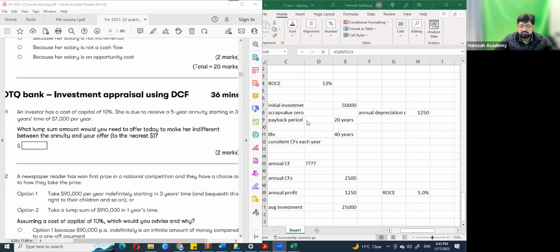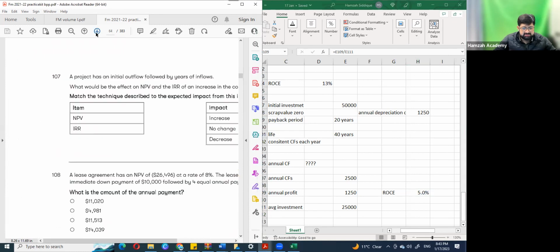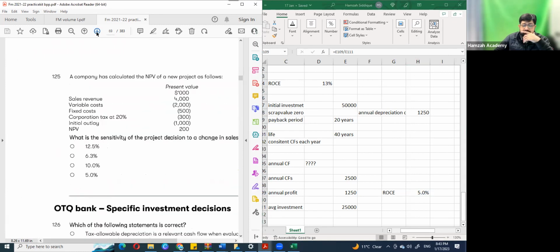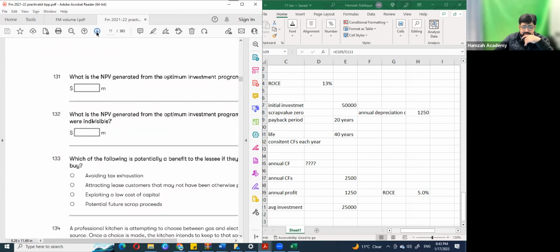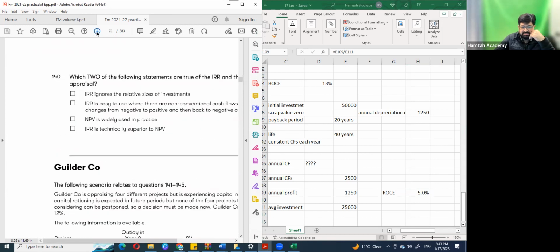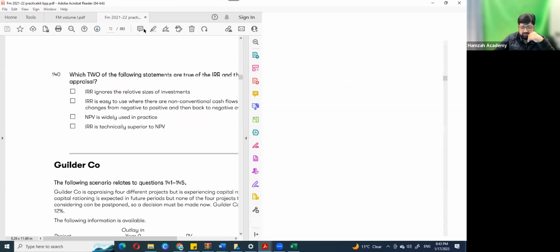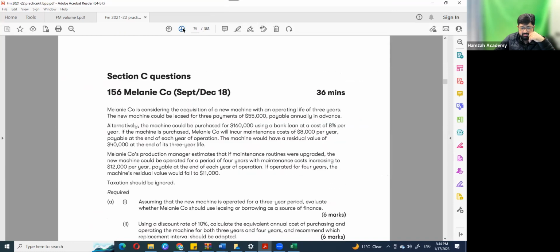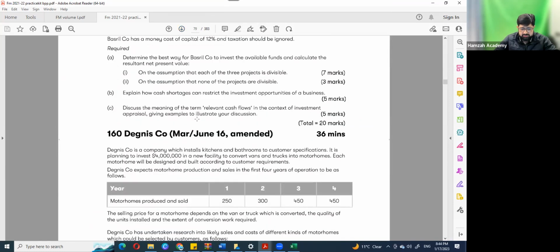Now, next point. We have to do a past exam question, which is on inflation. It is a Section C type question.